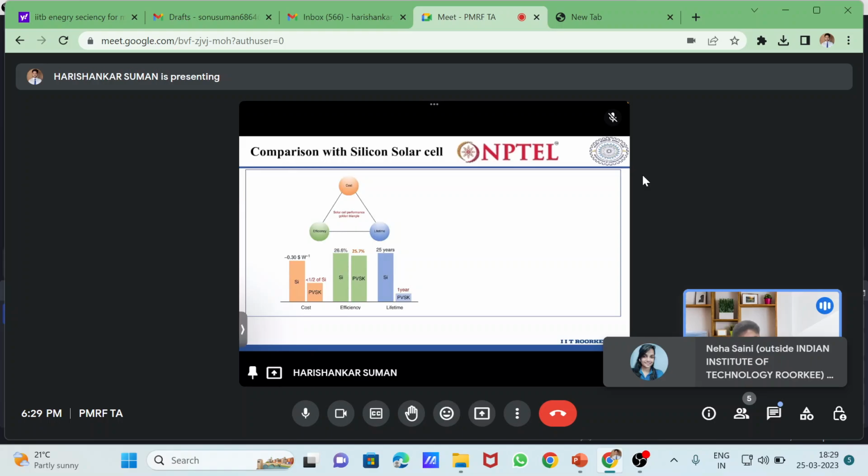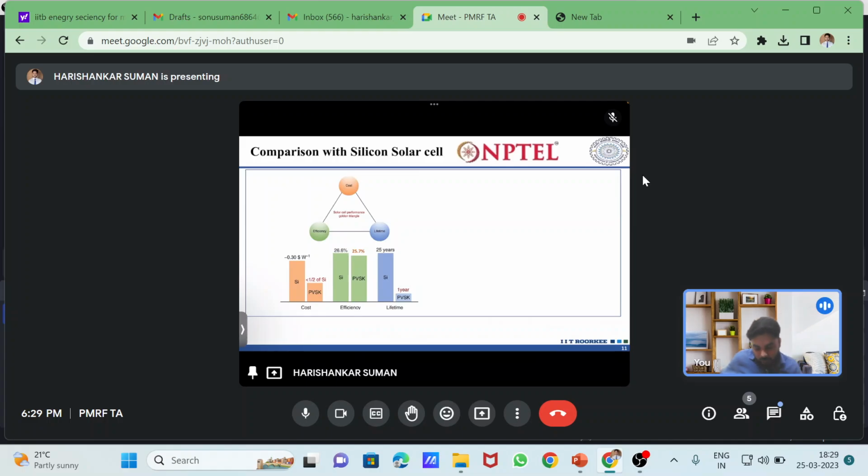Then let's compare with silicon, because silicon is a commercialized technology. Cost wise, our perovskite is half, so it is cheaper than silicon. Efficiency is comparable, almost equal, but the challenge is commercialization.